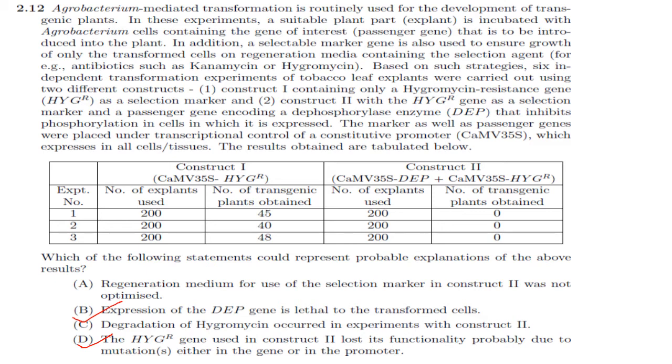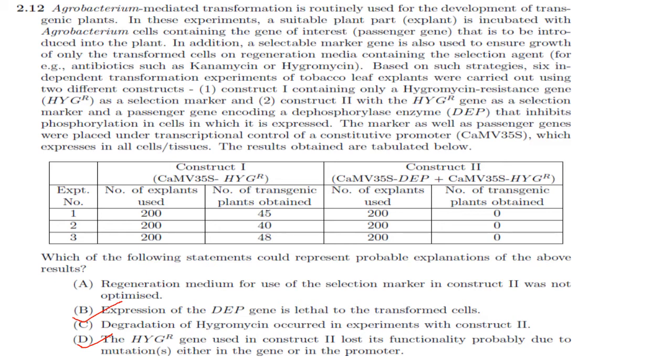The marker as well as passenger genes were placed under transcriptional control of constitutive promoter CAMV35S, which expresses in all cells and tissues. The results obtained are tabulated below. Which of the following statements could represent probable explanation of the above result?